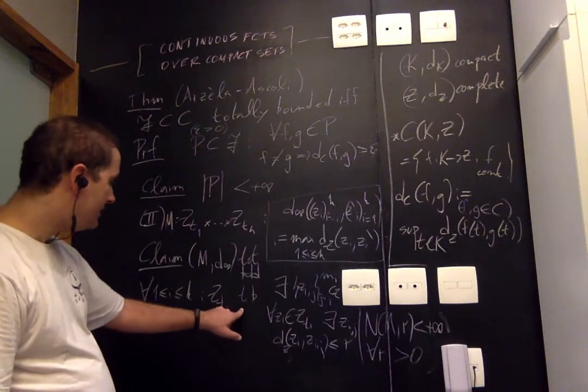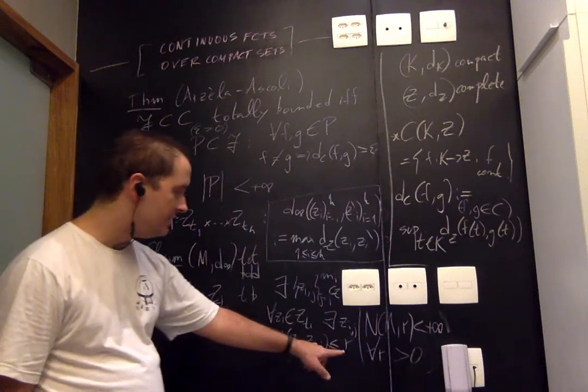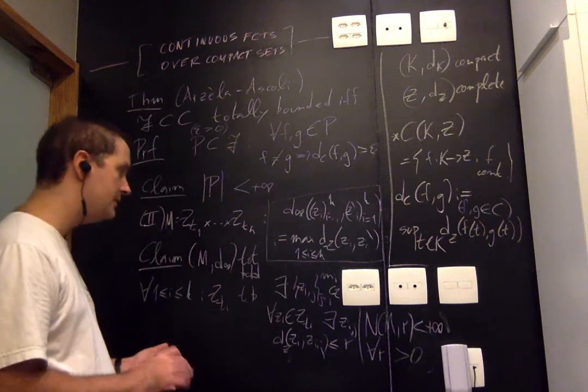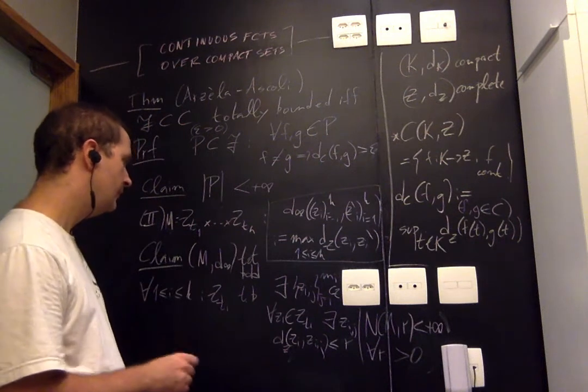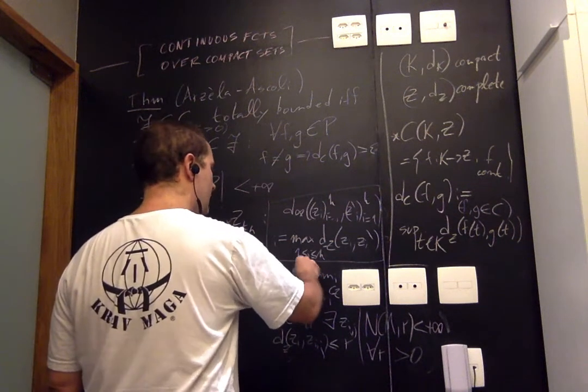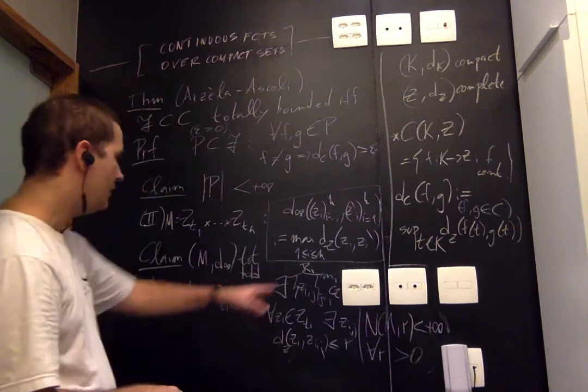So what I'm saying is that because the set is totally bounded, it has a finite R net for any R positive that I choose. And this is my R net. So let me actually call this the R net for factor i, R sub i.